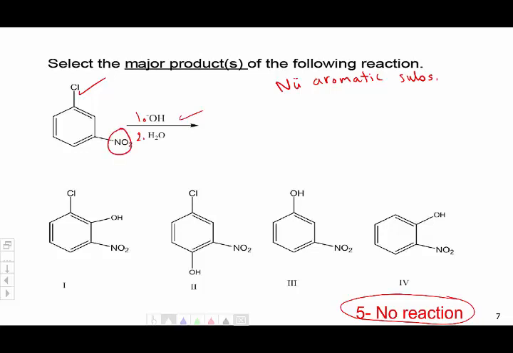In here, I have a withdrawing group, which is in a sense the deactivator meta-director, but it is on the meta. And we said for the substitution to take place, the withdrawing group should be ortho or para from the leaving group.